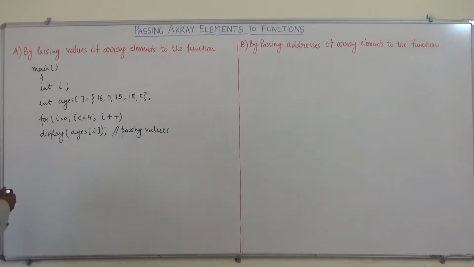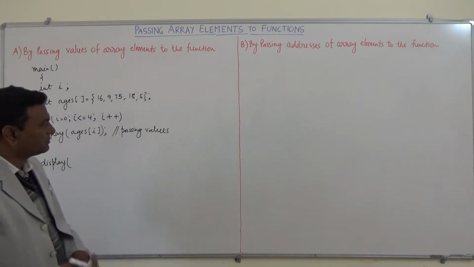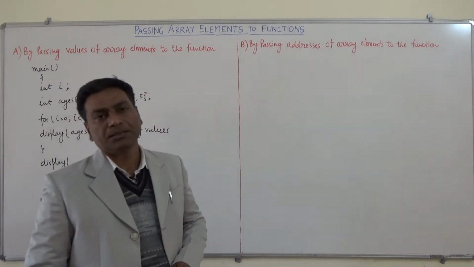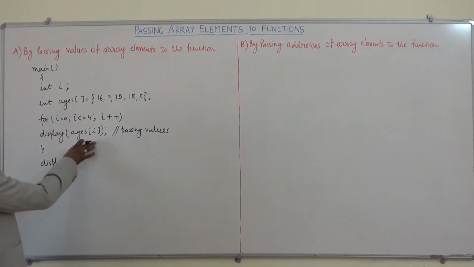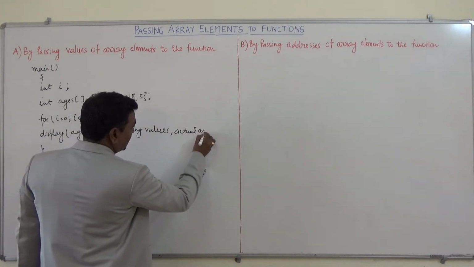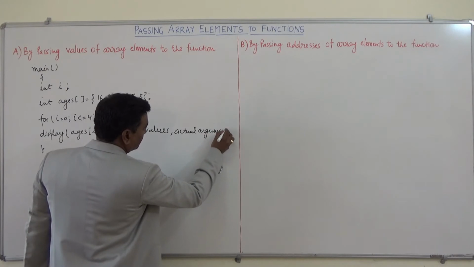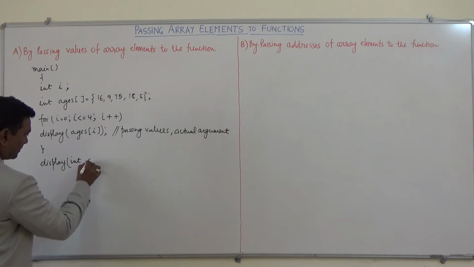Now we will give the definition of this function display. Because here we are passing the value, we will take an integer variable in the formal arguments. These are the actual arguments. We will take a variable, say int a.